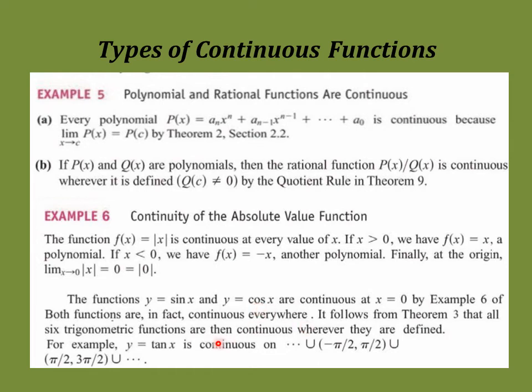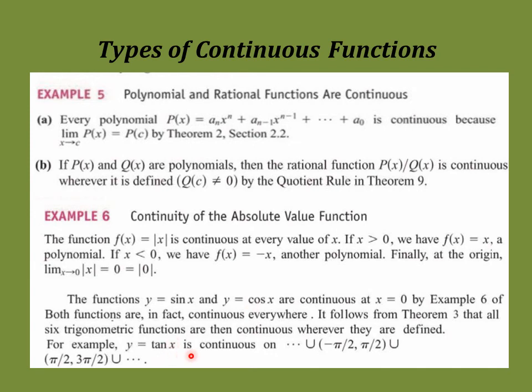For example, when we talk about y equals tan x, as we know, the tan is sine over cosine. So if the cosine equals 0, then the denominator is 0 and it will be undefined. And this happens for specific angles, pi over 2 and 3 pi over 2. These two values will give us denominator 0, so then the tan will be undefined.